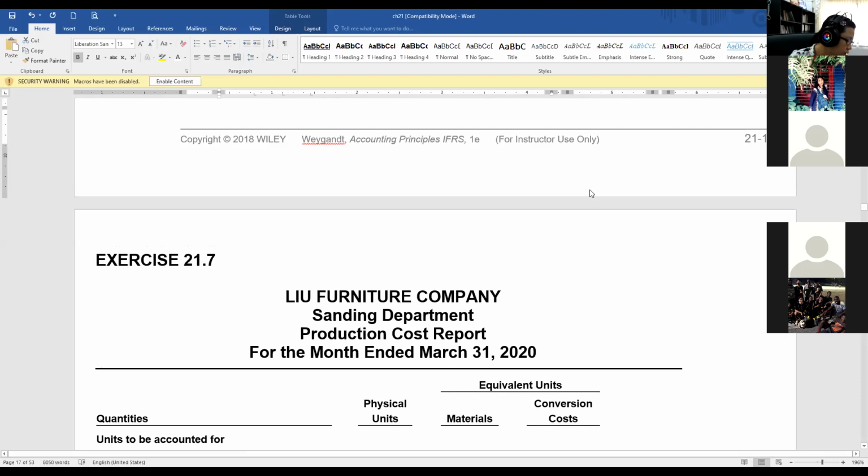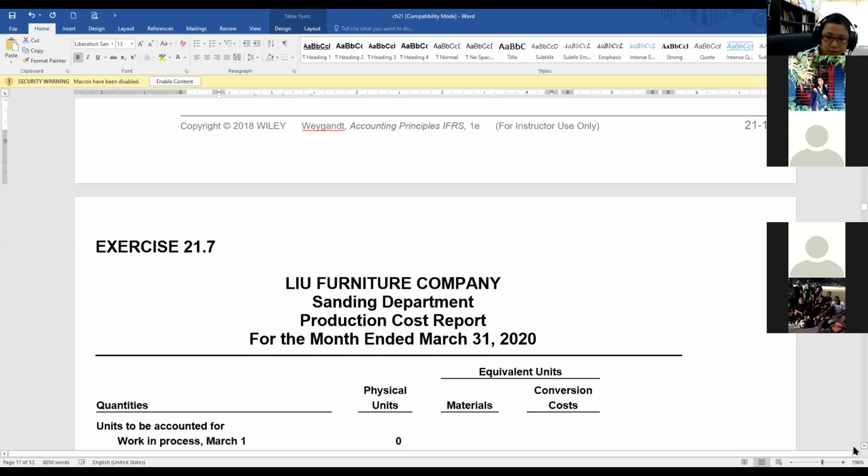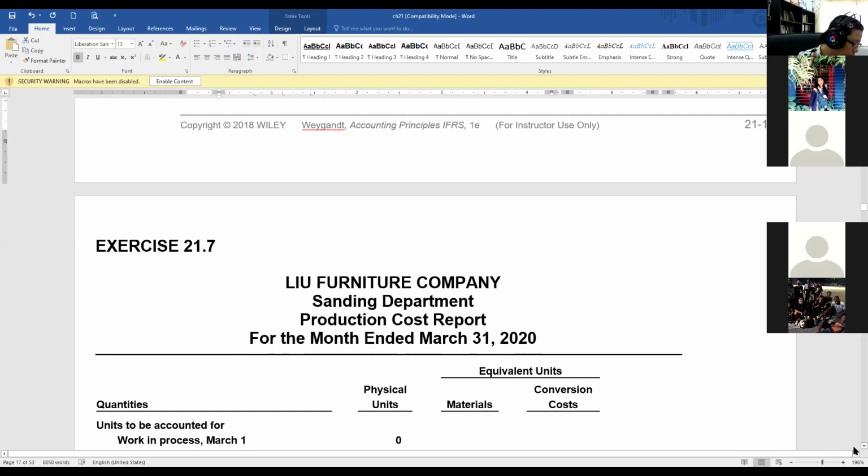Now, the question didn't give us how many units of work in process at the beginning, so we assume that it is 0, yeah, class? Then started into production.